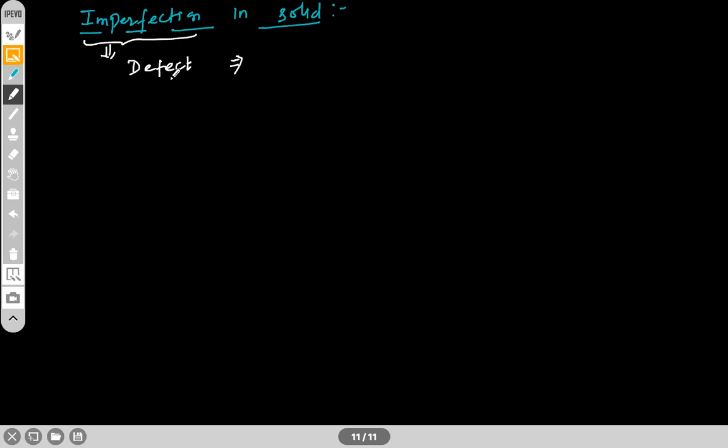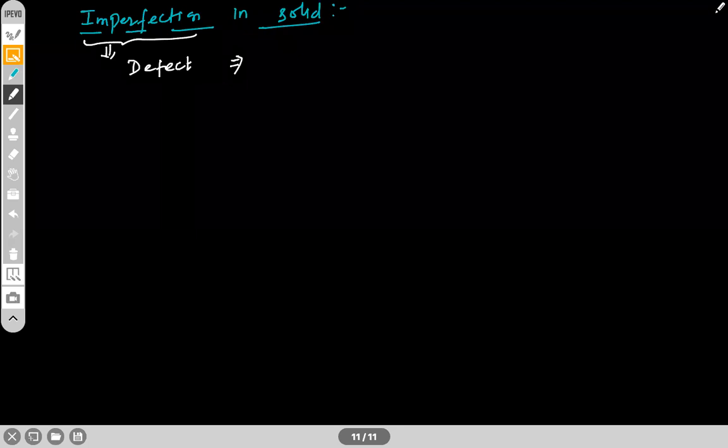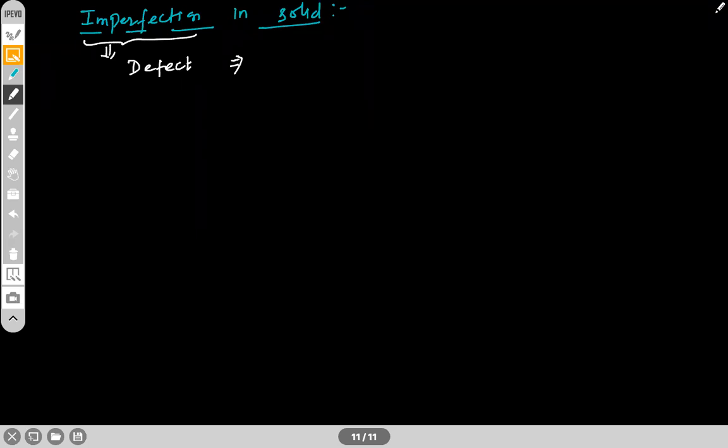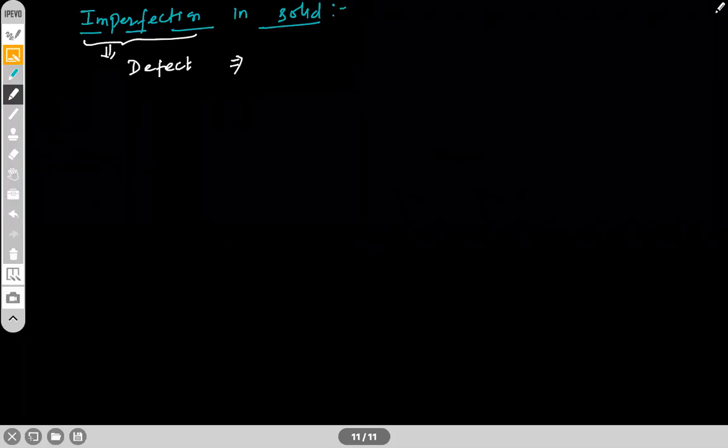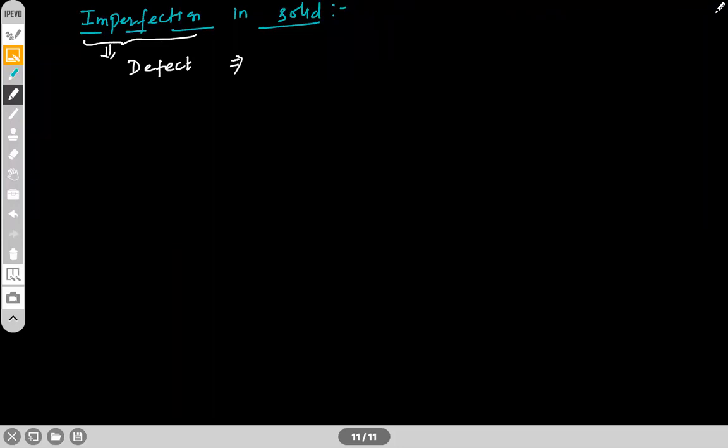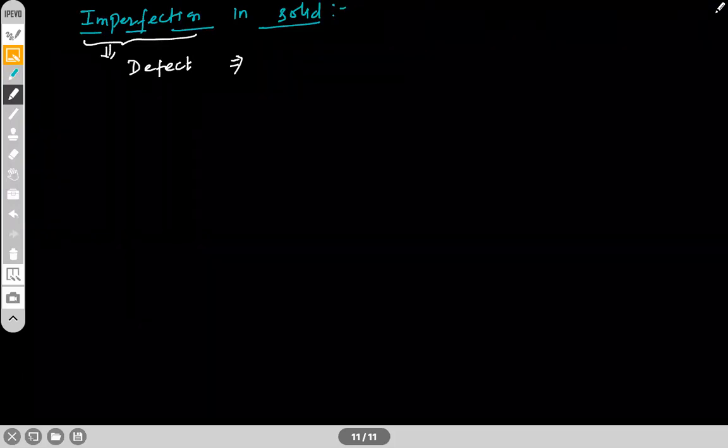Either you say 0 Kelvin or you say absolute zero temperature. Perfect or ideal crystal exists at absolute zero temperature or 0 Kelvin.